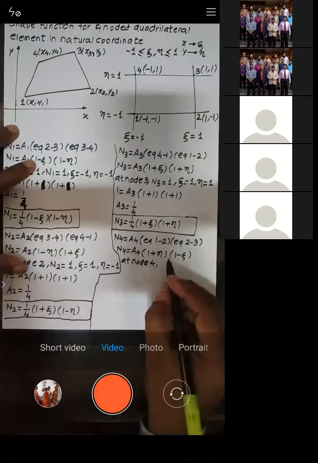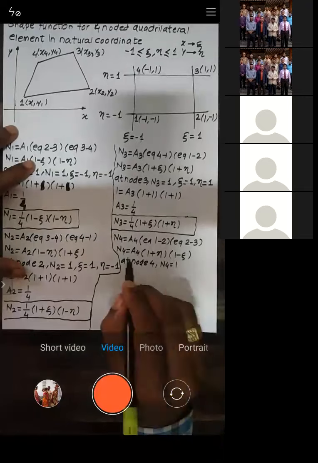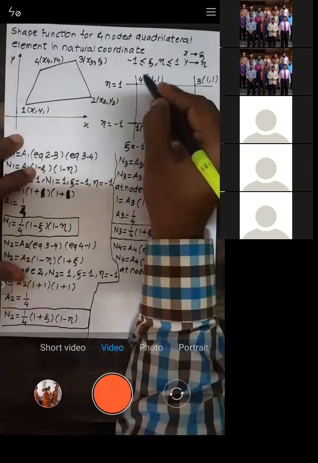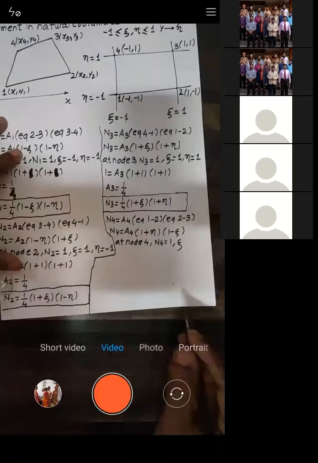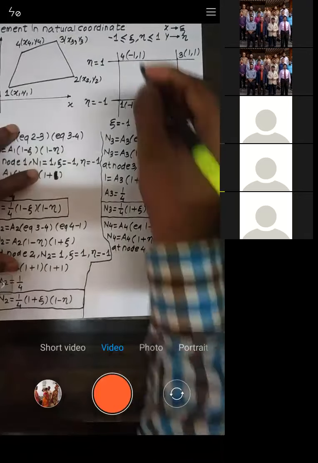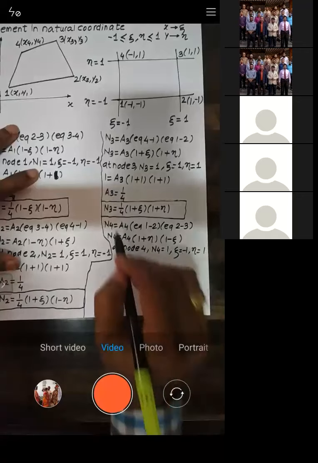So at node 4, what is the value of N4? Obviously, N4 is defined for node 4, so its value will be equal to 1 at node 4. Now what is the value of zeta at node 4? Minus 1. And what is the value of neta at node 4? It's 1. See, zeta is minus 1, neta is 1. So put that value.